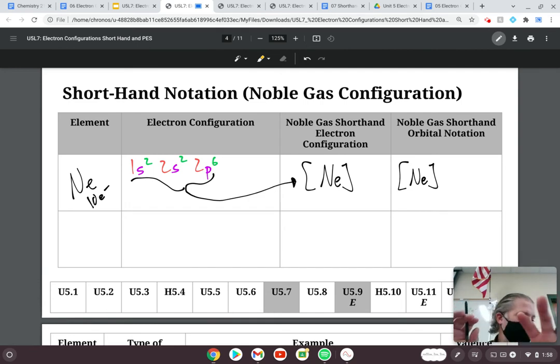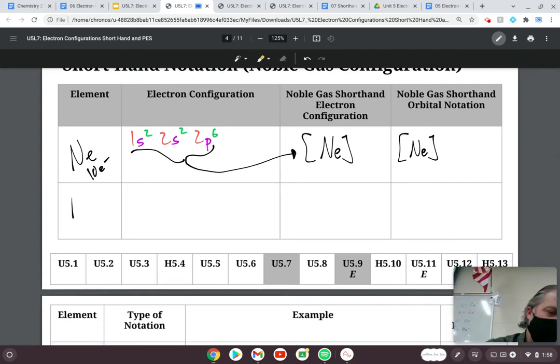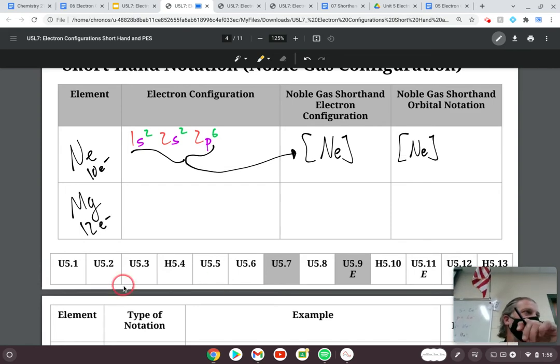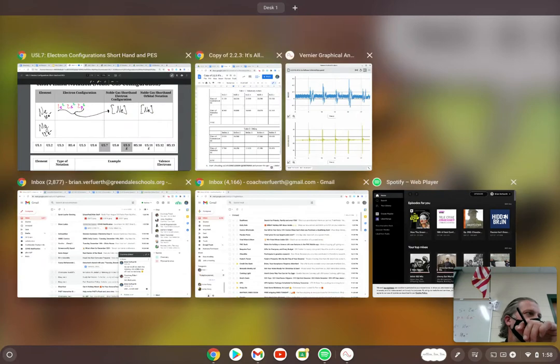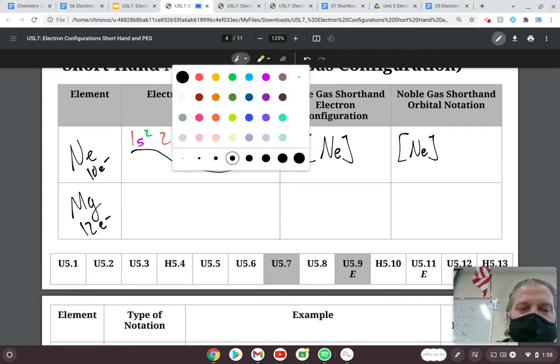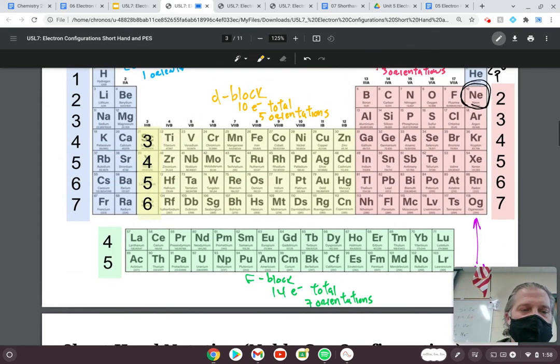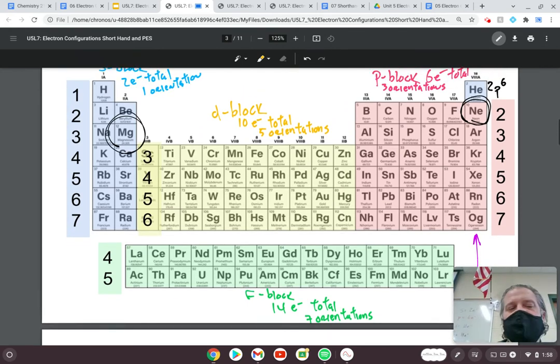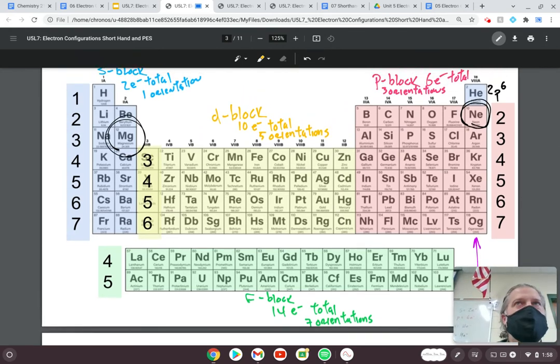Now the next element that we're going to talk about is magnesium, which has 12 electrons. When I write magnesium's electron configuration, here's magnesium, and because it's in the S block, the second column of the S block, I can predict it's going to end in s2, and because it's in the third row, I can predict it's going to end in 3s2.